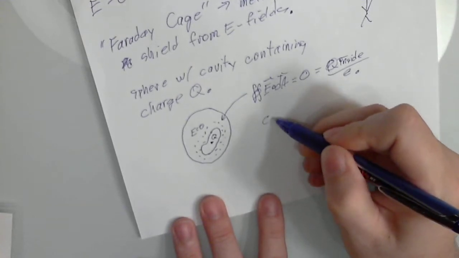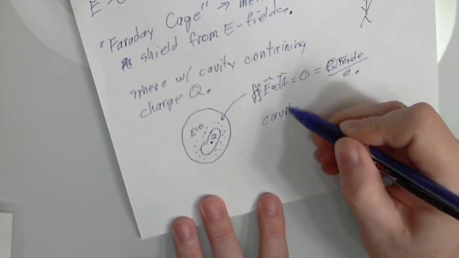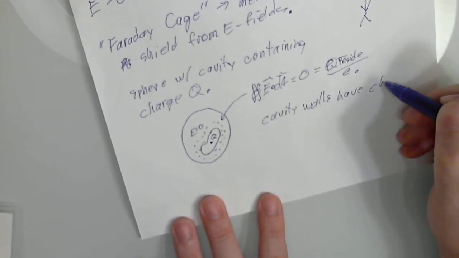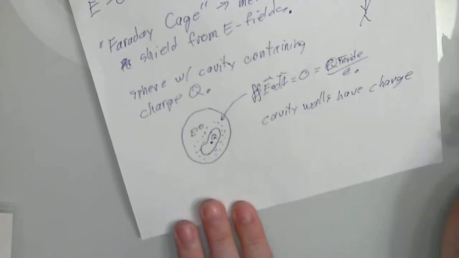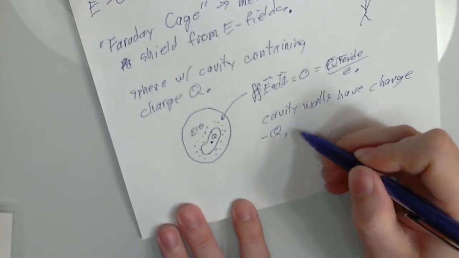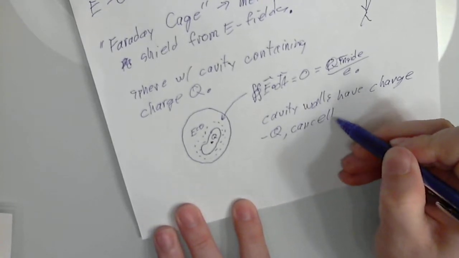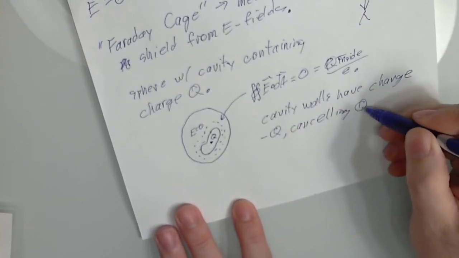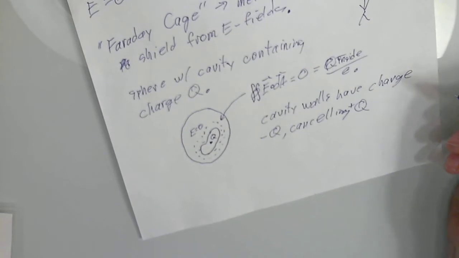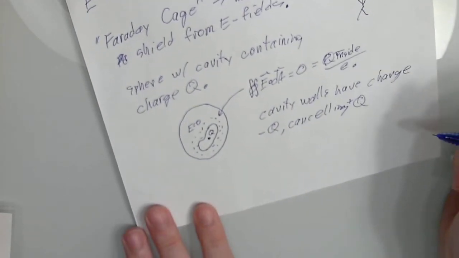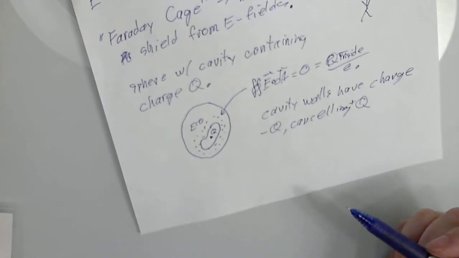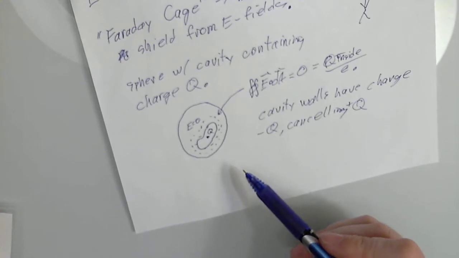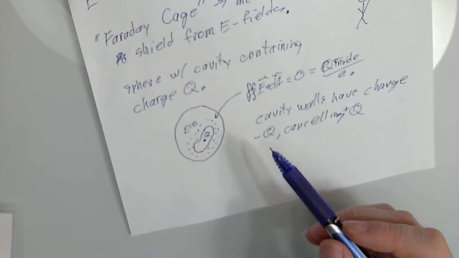So the cavity walls have charge minus Q, canceling my charge inside the cavity, which I'm calling plus Q. So the cavity walls have a negative charge that cancels out the positive charge, so that the net influence of the point charge plus the walls of the interior of the cavity have no effect and lead to 0 electric field on the inside.